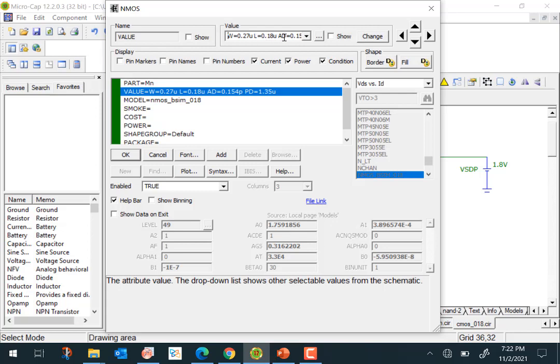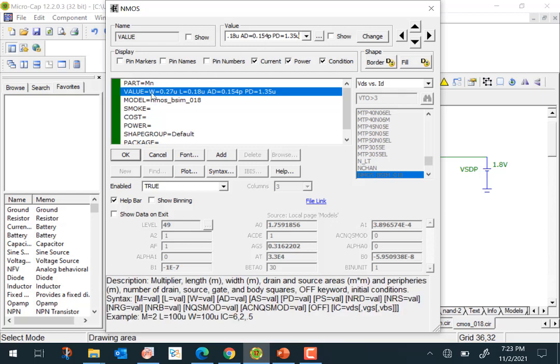And then we have entered area drain, AD equal to 0.154 picometer square. And PD refers to the perimeter of the drain. This area drain and perimeter drain are needed to calculate capacitances. So you have to specify the width of the MOSFET, the length of the MOSFET, the area drain, and the perimeter drain.